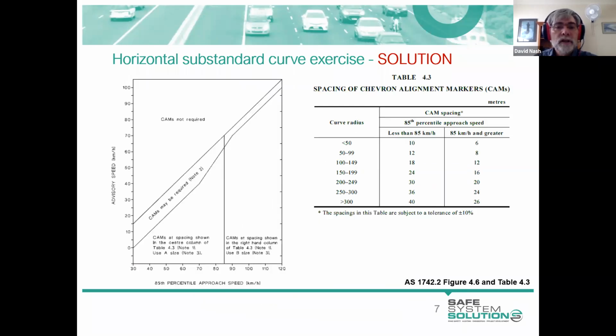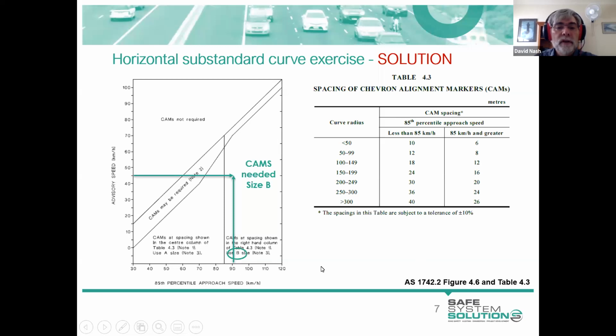And then the question is the CAMs, the chevron alignment markers that go around the curve, are they required or not? We have an advisory speed of 45 kilometres an hour and an 85th percentile approach speed of 90 kilometres an hour. So we're in this region of the graph, which means that CAMs are definitely required, and the spacing should be on the right-hand column of this table.